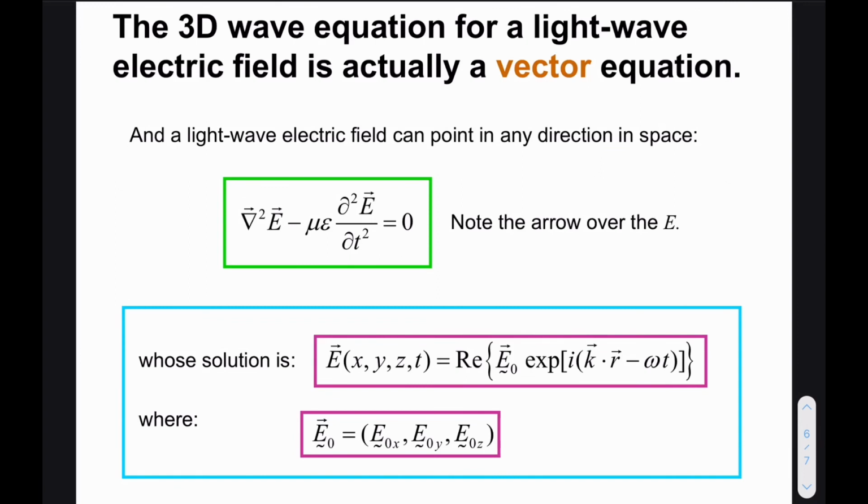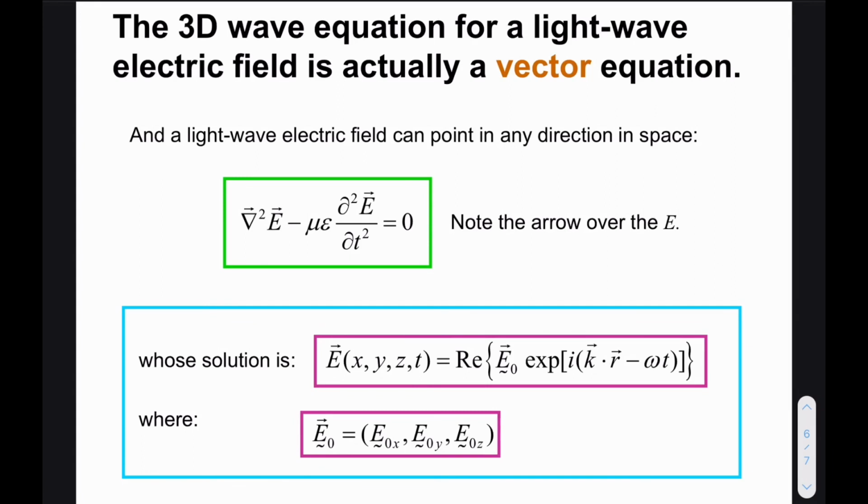So it is a vector quantity. So the three-dimensional wave equation for light wave electric field is actually a vector equation. So we have to write the electric field as a vector in the wave equation.